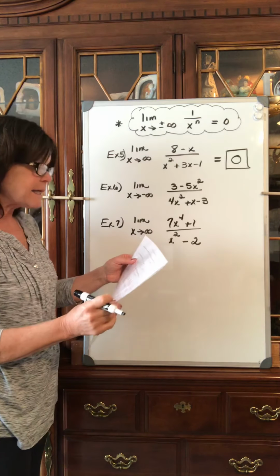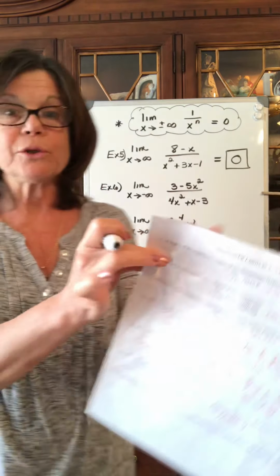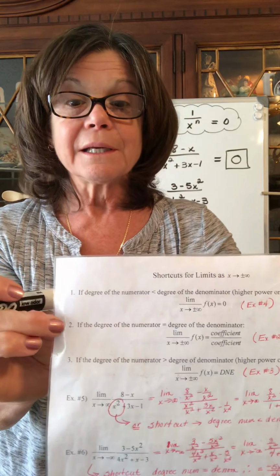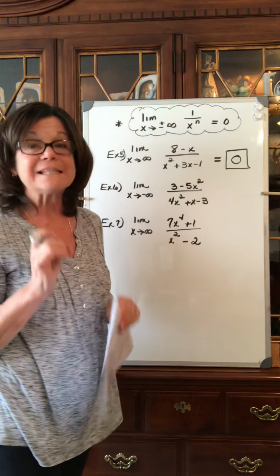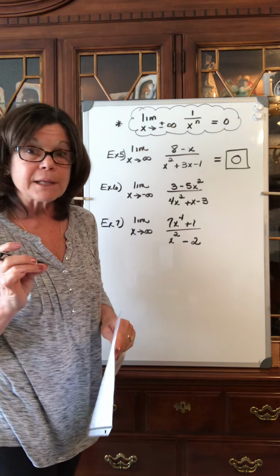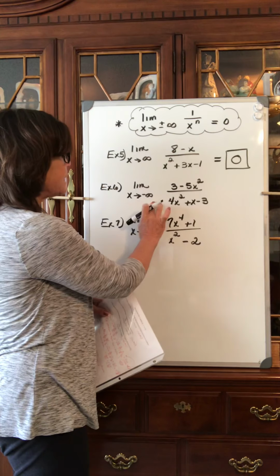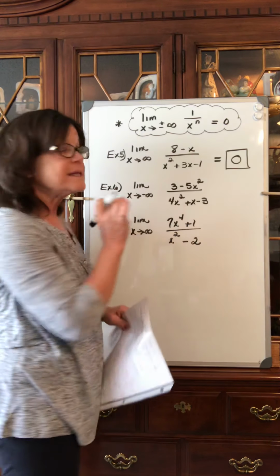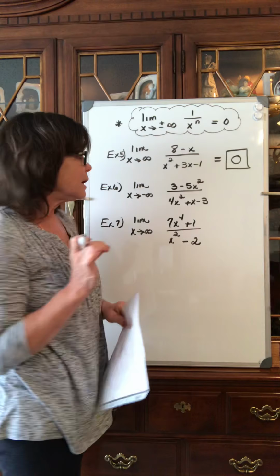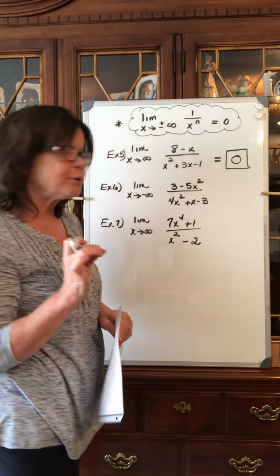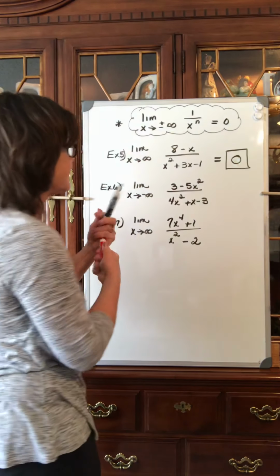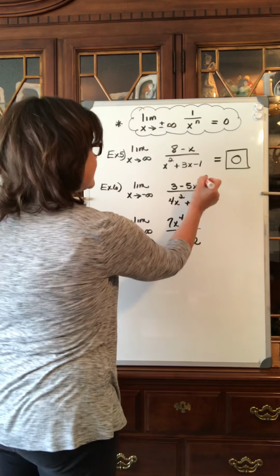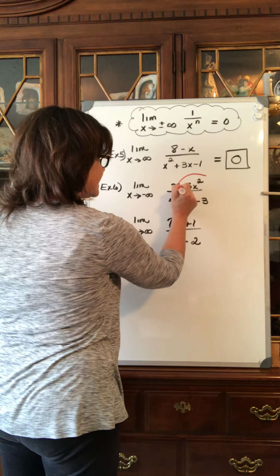The next thing says, number 2, if the degree of the numerator and the degree of the denominator are exactly the same, the limit of that function as it's approaching positive or negative infinity is the coefficient of the highest exponent in the numerator and the denominator. So for this next example, the highest exponent in the numerator is an x squared.